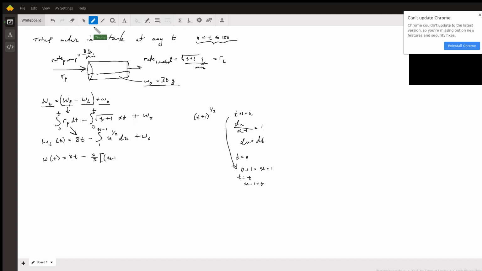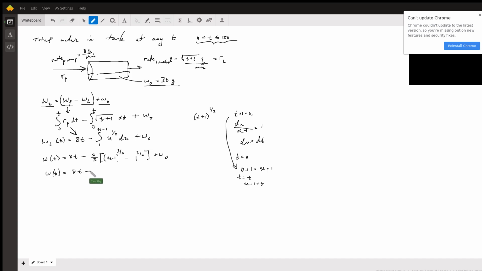So yeah, okay, it'll be u minus 1 to the 3/2 minus 1 to the 3/2, plus the original amount.